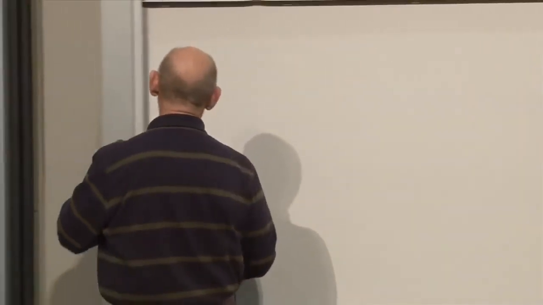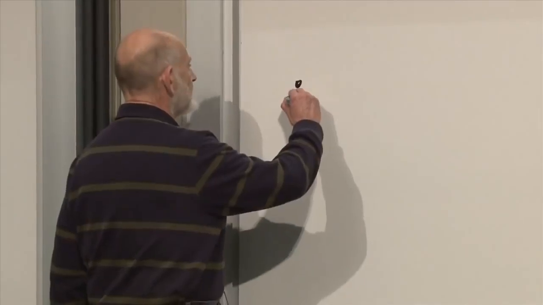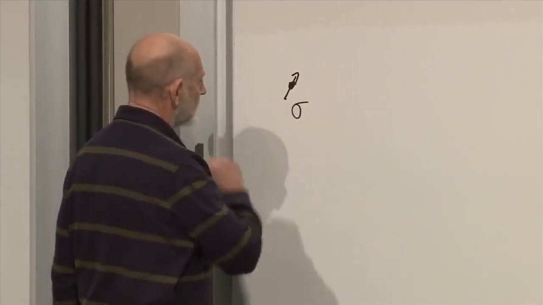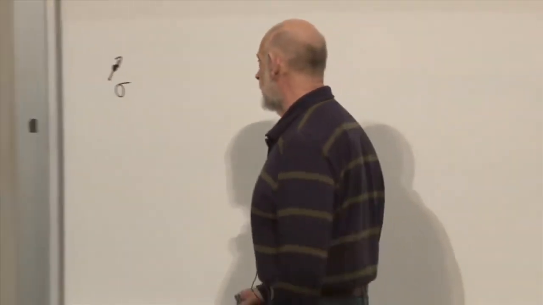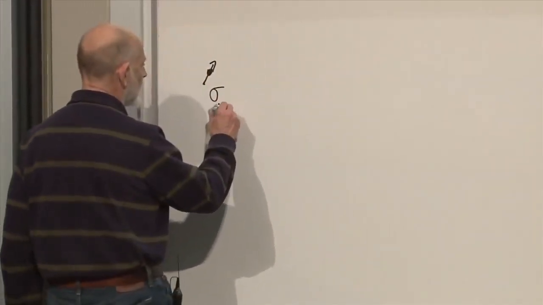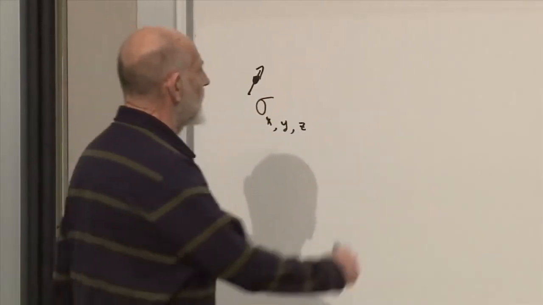So what do we have? We have an electron nailed down at this position over here, and it has a spin, which we're going to call sigma. And it has 3 components, sigma x, y, and z. Okay. And we have another one over here. We need a name for it.